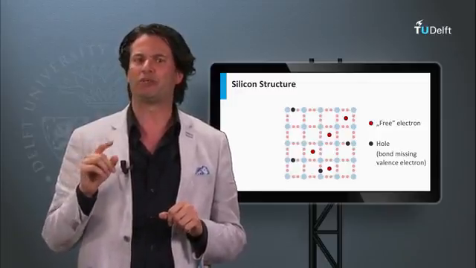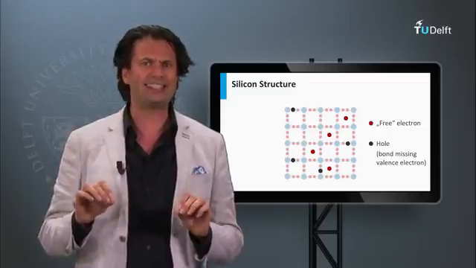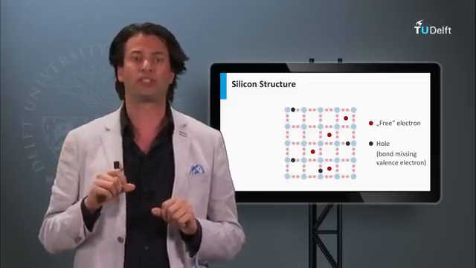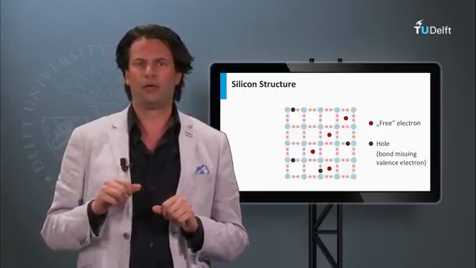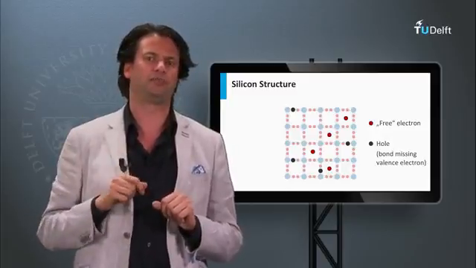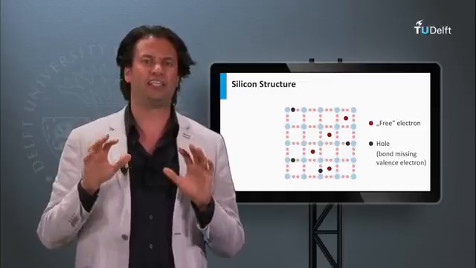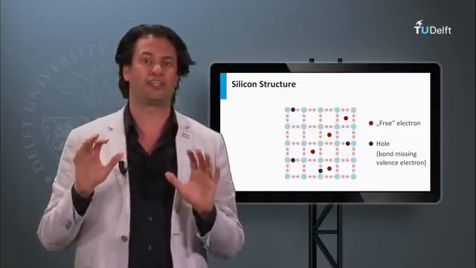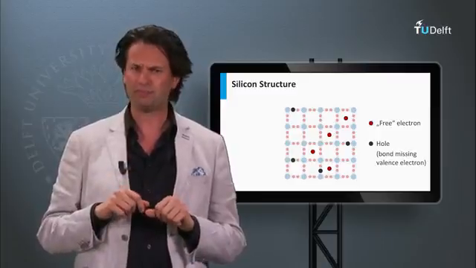These semiconductor materials are called intrinsic. It means that the density of the mobile electrons and holes are the same in the material. We can intentionally incorporate impurities in the material. This is called doping. Doping can have a significant effect on the charge carrier density, which I will explain now.